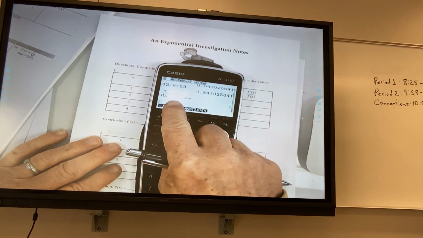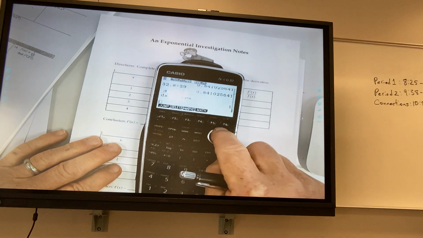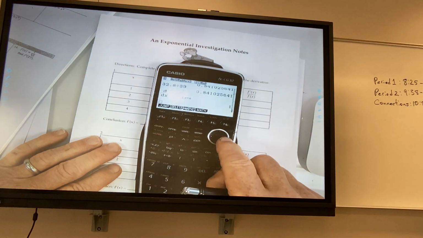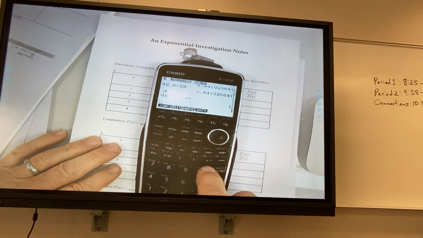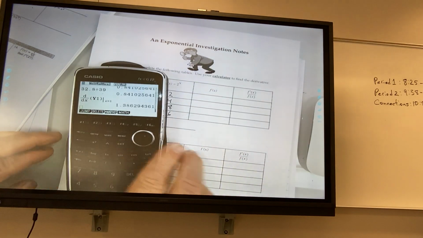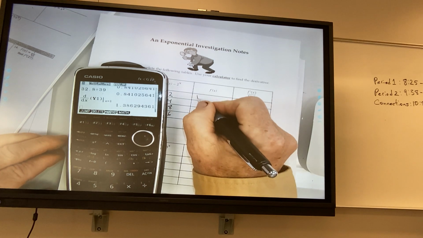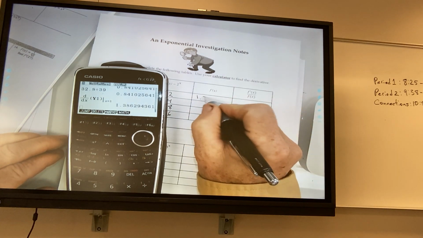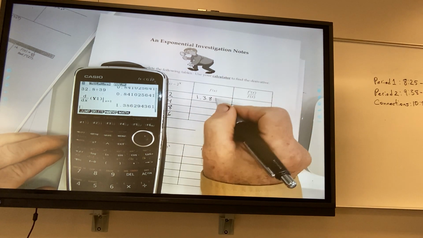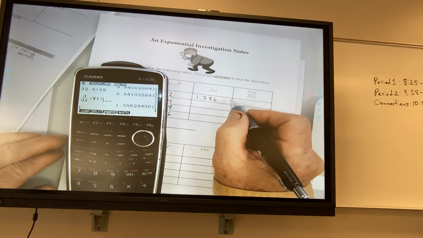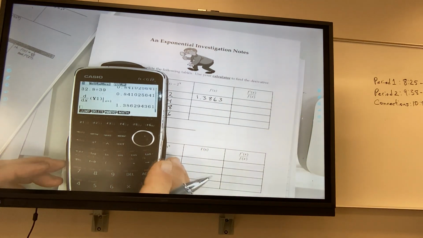I still got my derivative up here. So I'm going to come up here and put 1 in there, and I'm going to write down 1.386, I'll put 3 in.